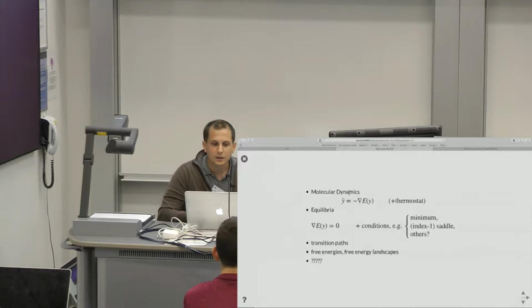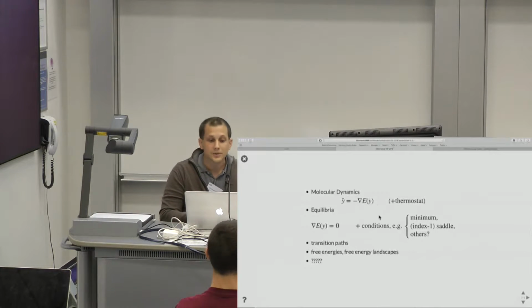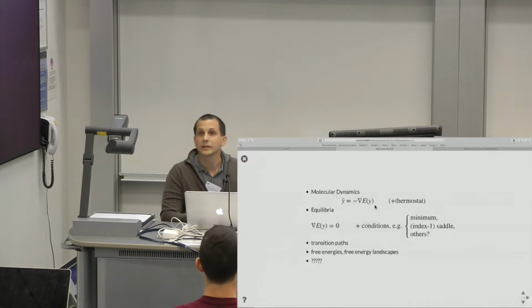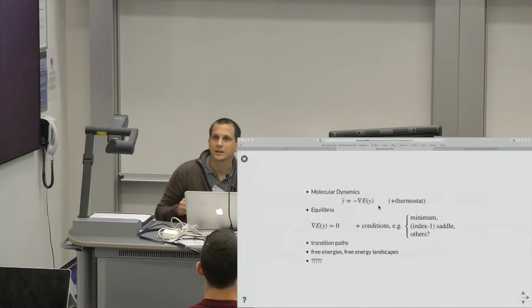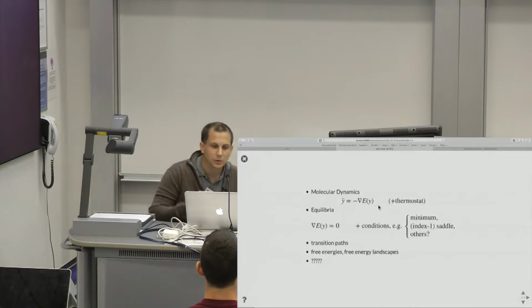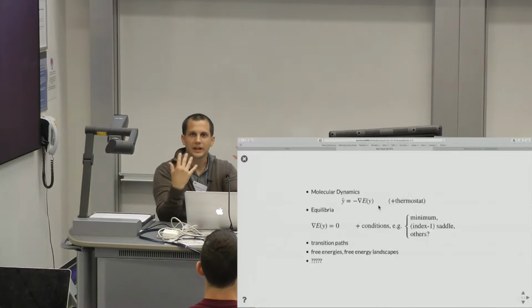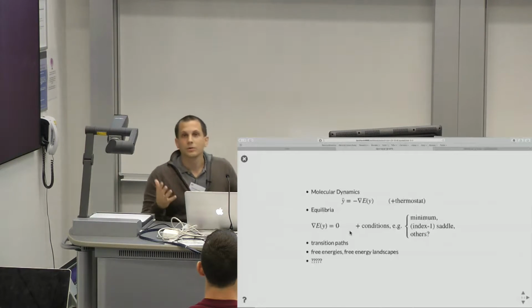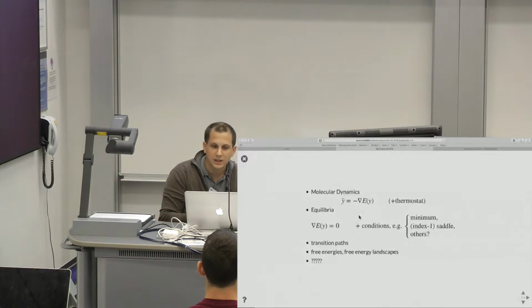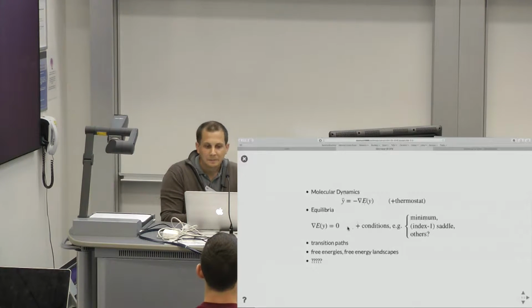So in more mathematical terms, it could be just like that. Newtonian dynamics. If you want to keep the system you're simulating at a specific temperature, you add some noise to it and control that in a way, so that the oscillation of the atoms, which is the temperature, is under control. Or you might just want to know the equilibrium. You minimize the energy E, the potential energy of the system.